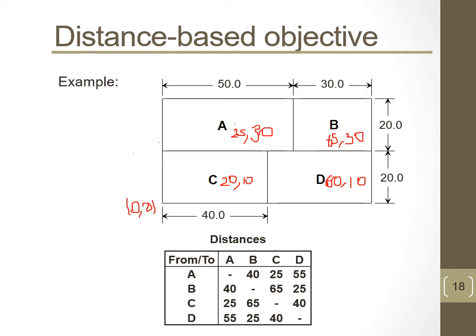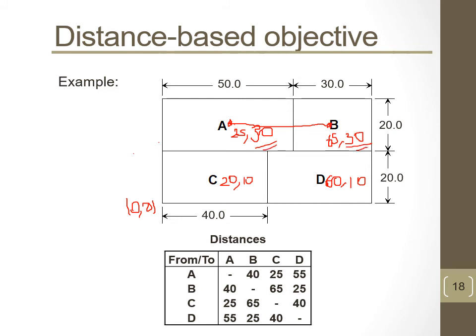So now we can calculate the distances between the departments. What is the rectilinear distance between A and B? We should look from this centroid here to the centroid here. You see their y coordinates are 30.